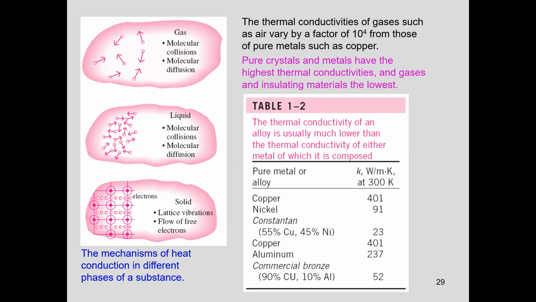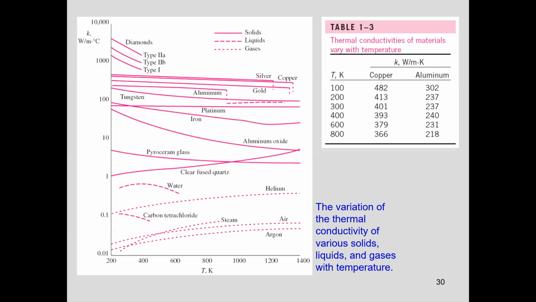Whereas for solids, it's not possible for the molecules to move when they're heated, but they can vibrate because they have extra energy. With this lattice vibration, they carry the heat from one to another. Also, the flow of electrons plays a role.